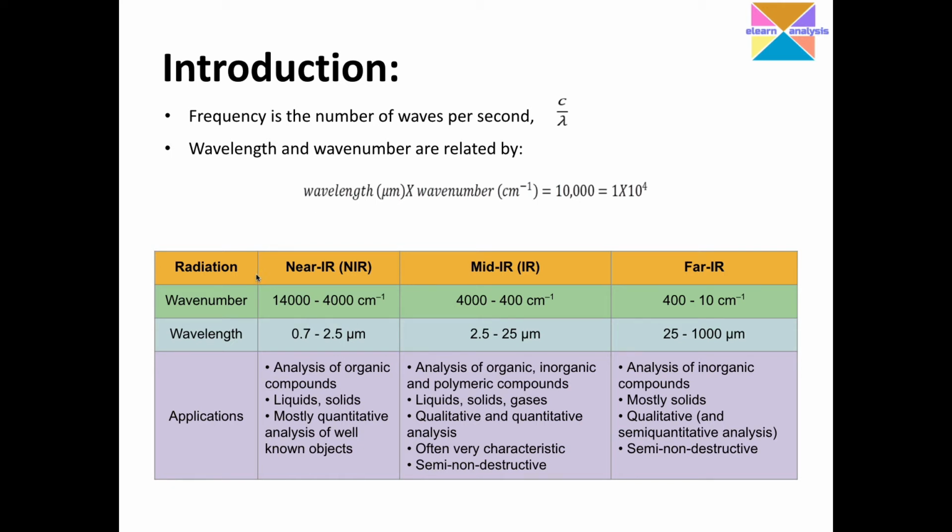So as I mentioned previously, I said I will be telling the usefulness of all these regions which fall under the category of the infrared electromagnetic spectrum, which is demarcated by these three regions. The first one is near IR, mid IR, and far IR region. As I mentioned, it is 0.7 to 2.5, 2.5 to 25 micrometers, and 25 to 1000 micrometers, which is nothing but the wavelength.